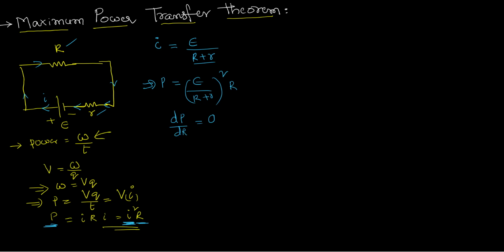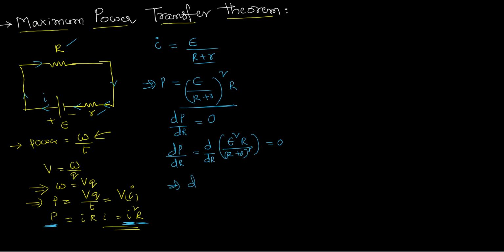So what is that power equation? This much. Differentiation of power with respect to external resistance is differentiation of this value, E square R by capital R plus small r whole square, has to be equal to 0. Of course, as E is constant, E square also will be constant.